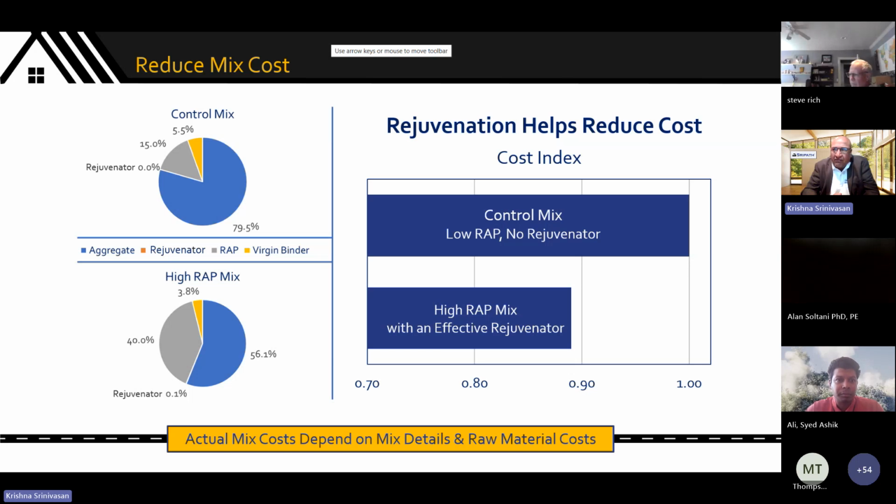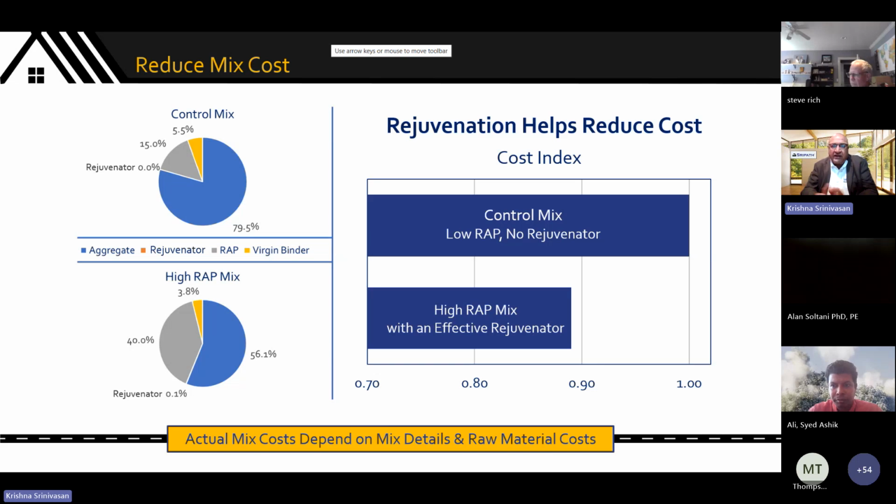So if your control mix with low RAP, let's say, and no rejuvenator, has a certain carbon footprint, you're able to lower it by using selective bio-based rejuvenators. So you have environmental reasons why you may consider RAP. And again, you may have performance reasons, you may have availability reasons, but this is also a major reason why people look at high RAP mixes.